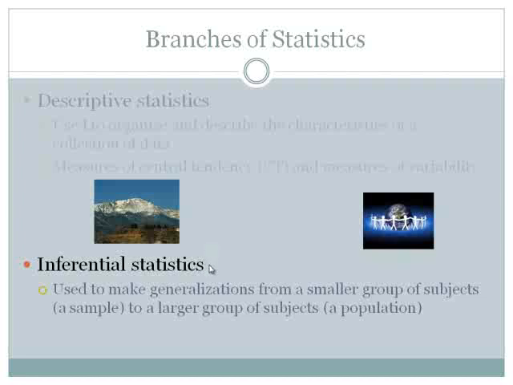Most of the time as a researcher you will not have access to everyone in a population, so we have to use sampling techniques, and when we use sampling techniques we measure information about the sample, and then we have to make generalizations back to our larger population. So inferential statistics are the tools that allow us to make inferences about a sample and then make generalizations back to the larger group, which is the population.